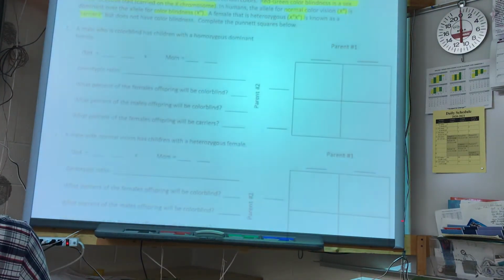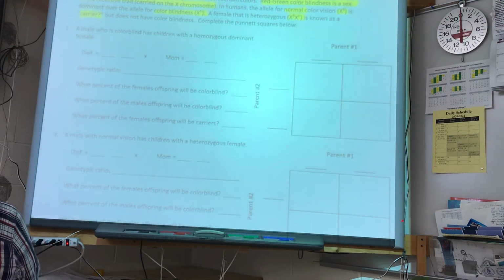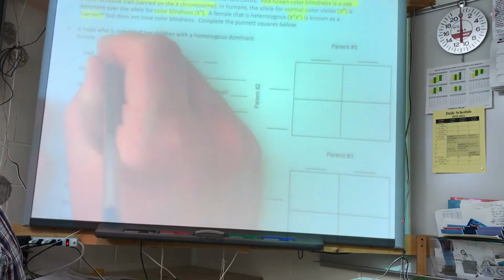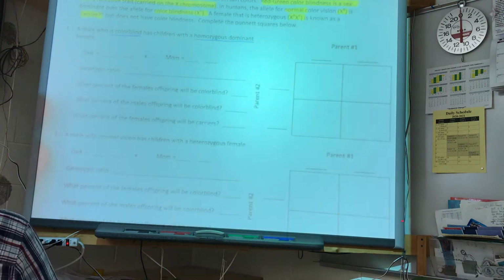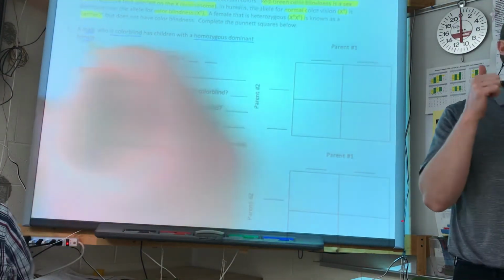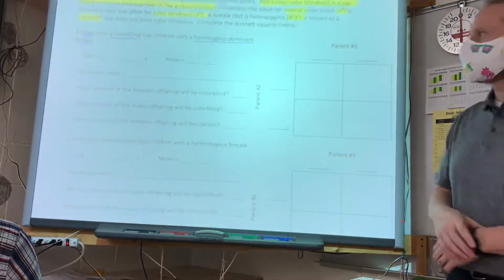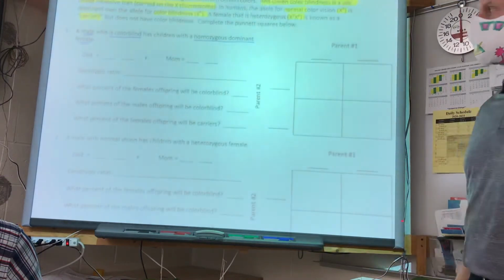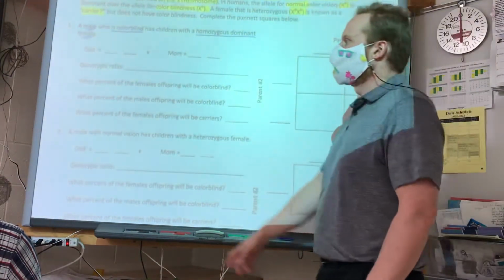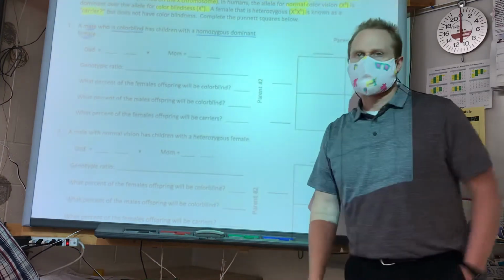So the idea is we can carry these dominant and recessive traits on X chromosomes. There is nothing on a Y chromosome. Keep in mind, a dominant trait is expressed if there is a dominant allele. The only time we see a recessive trait is when there is no dominant allele. So for all these sex-linked traits, the first thing is, what are the sex chromosomes of the individuals?